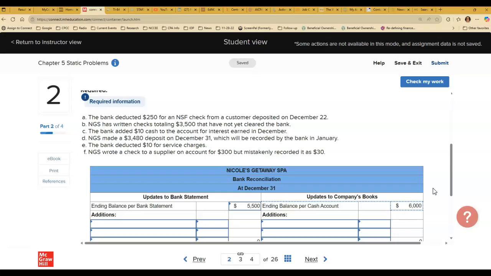And if they both have it, then it's all good. The issue is that if we know about something that the bank doesn't know about yet, then we need to put it on the bank side. If the bank has something listed that we don't know about, then we update our records, right?